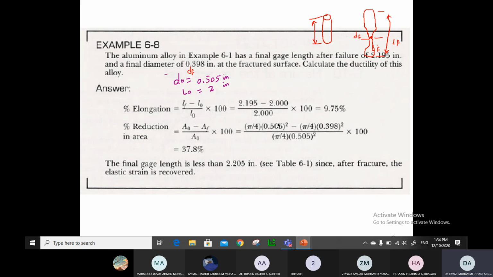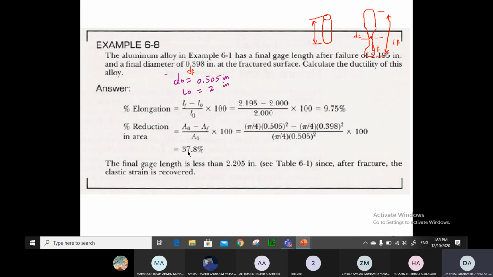Because the initial is normally larger than the final, because this is lateral change actually. So the final is smaller than the initial one. So we say the initial area minus the final area over the initial area, multiplied by 100, we get 37.8.